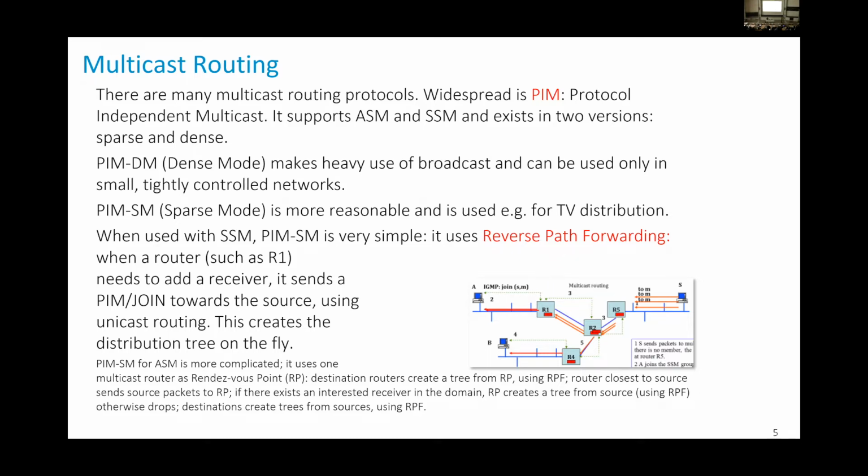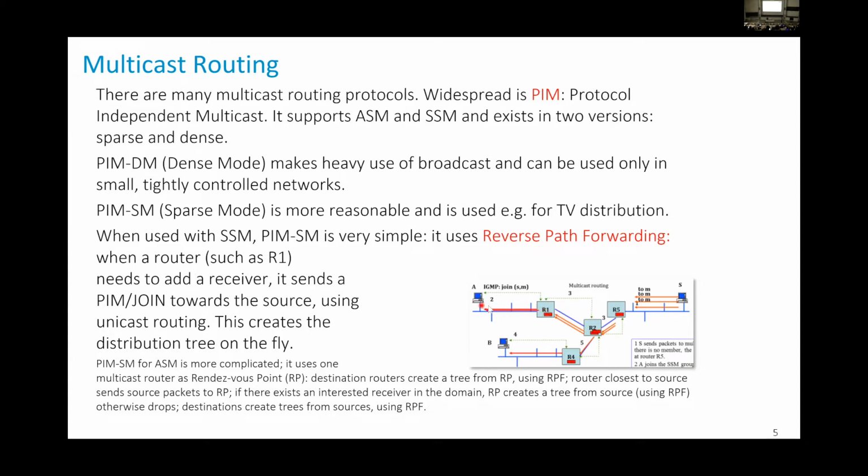By unicast routing, by the management of the routing tables everywhere in the network, the source S is known to all the routers. R1 has a routing table that says, in order to reach S, I go via R2. Similarly, R2 has a routing table that says, in order to reach S, I go to R5. That's the normal IP routing that is built with the techniques we will see in a few more minutes for unicast routing.